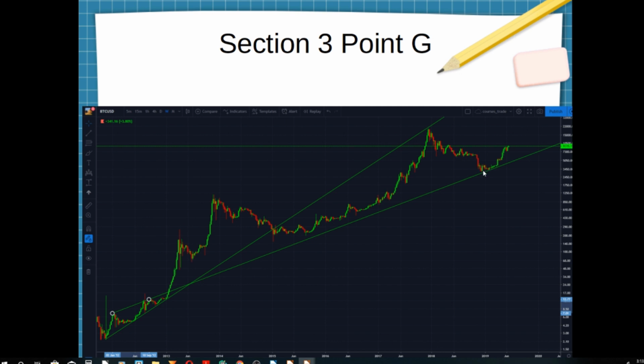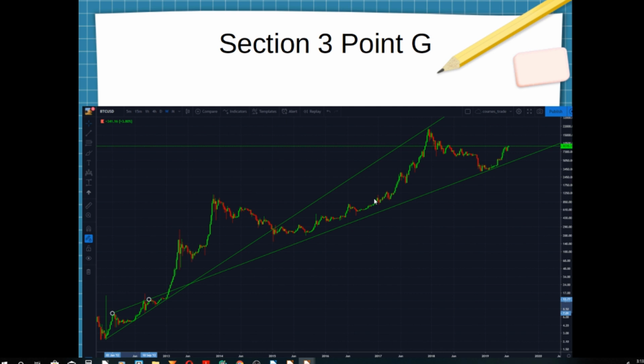And look at that, look at how the price managed to respect this particular trend line. You know, this trend line is being respected because this trend line is 7 years old. Okay, now there are a lot of characteristics when it comes to this kind of technical analysis tool. Trend lines are simple, but they are extremely powerful.